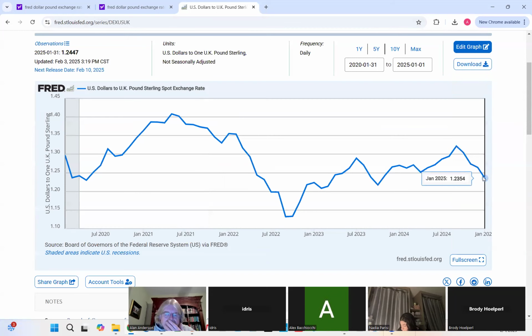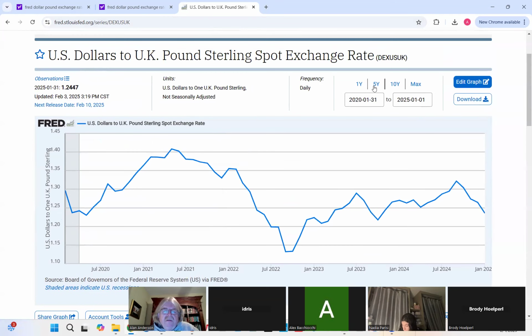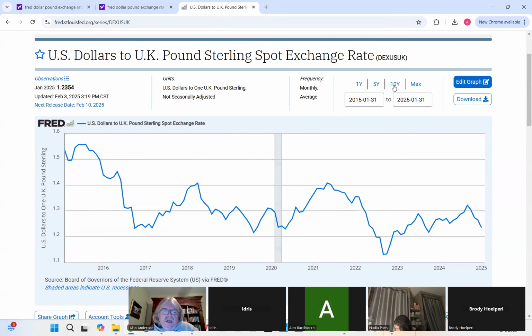And during this period, at the moment, it's hovering around $1.23. It's been as low as $1.13 and as high as $1.40. And that's only within the last few years. So you can see it can move around quite a bit. If we go back even further, well, there you go. You can see that this is actually just before Brexit. That was more normal in the past, around $1.55 or so. And there's been times when, ooh, look at this, 1.13.